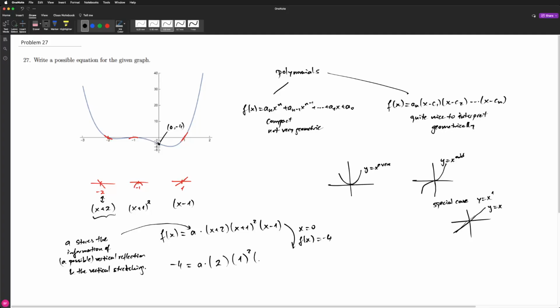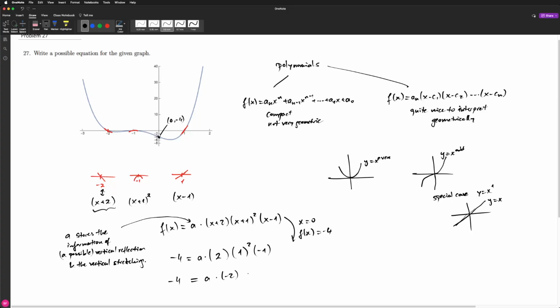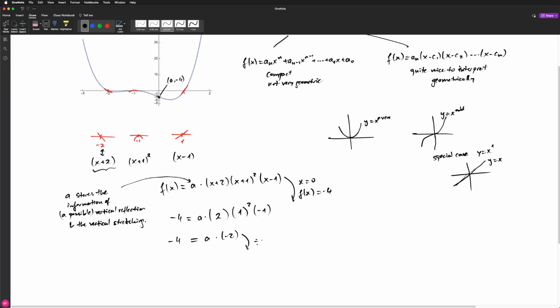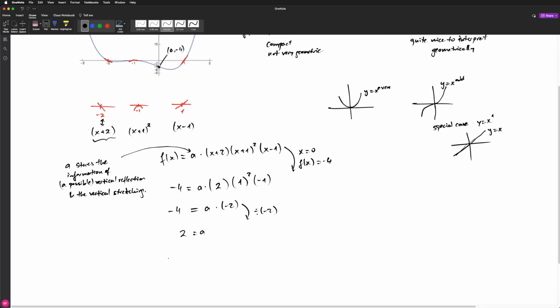Wherever I see x, I plug in 0 and I simplify. And what do I get? I get -4 equals a times 2 times 1 times -1. That would be -2. So if I divide both sides by -2, I will get a equals 2. And that gives me the final form of the function.